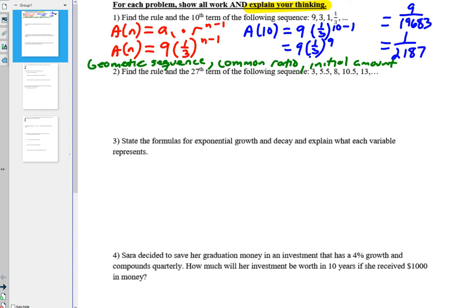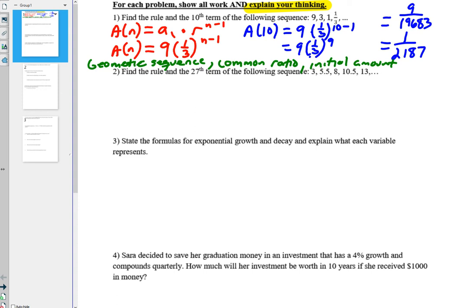All right. Find the rule. Okay. What's another word for rule? Another word for rule. When they say find the rule, it told me to find the rule in the first one. That's what I wrote.